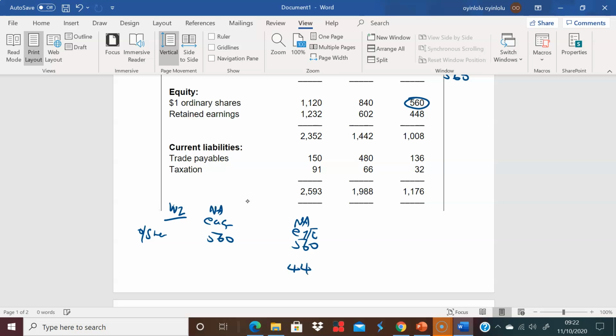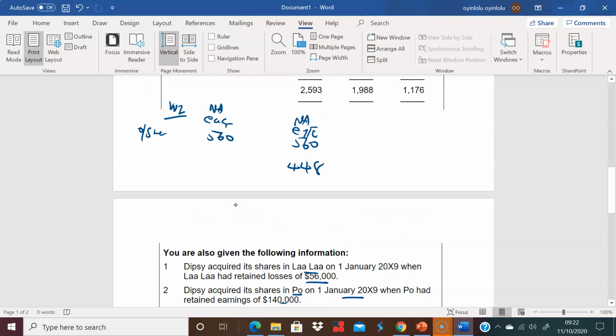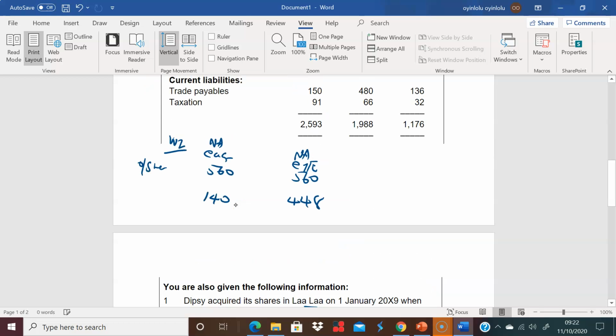I know it's 448. And then I have here, when PO had retained earnings of 140, then you have post-acquisition. So really what we're talking about here is what's happened post-acquisition.